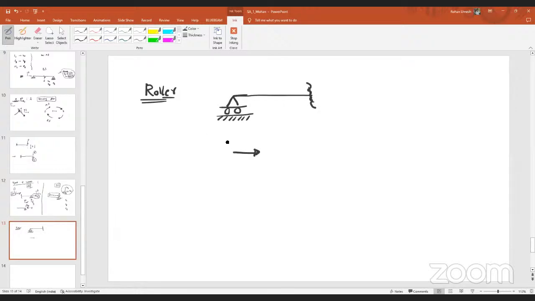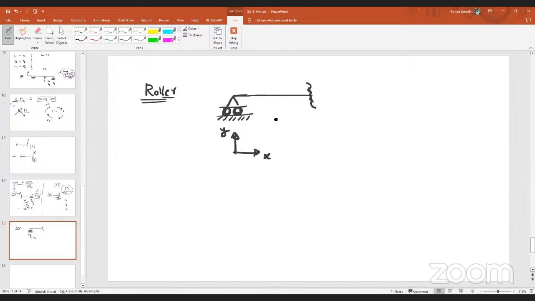Imagine that I place this object along X and Y. Now tell me, what is the difference between the hinge connection and the roller connection? You can see in which direction I have placed the rollers. Are the rollers placed along the X direction, or along the Y direction? They are placed along the X direction.